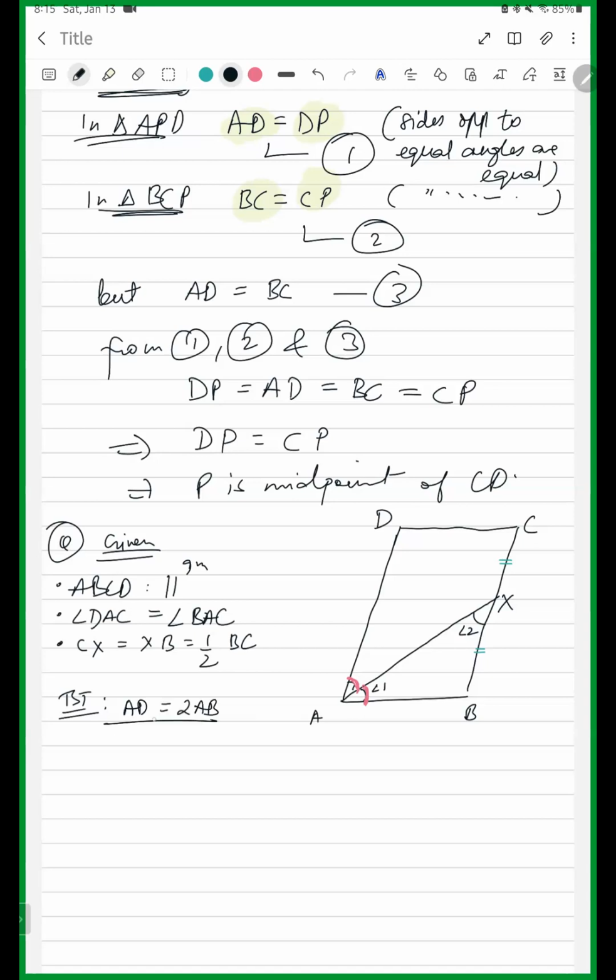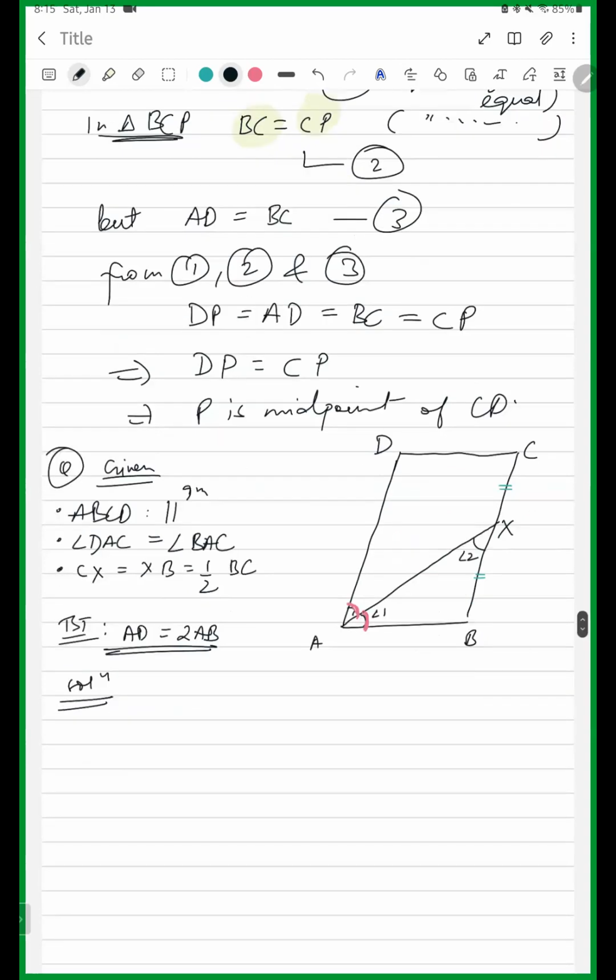Okay, now let's come to the solution. Since this is a bisector, you can say that this one is equal to half of angle DAB. Okay, this is given. Now let's see one thing. Since this is a parallelogram, this angle plus this angle is 180 degrees, right?